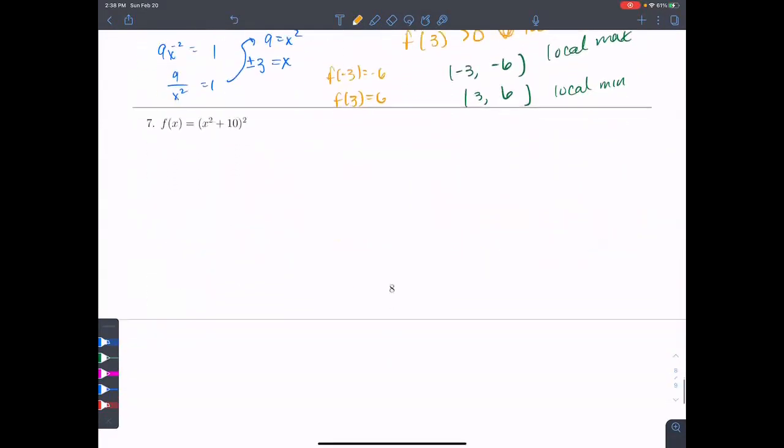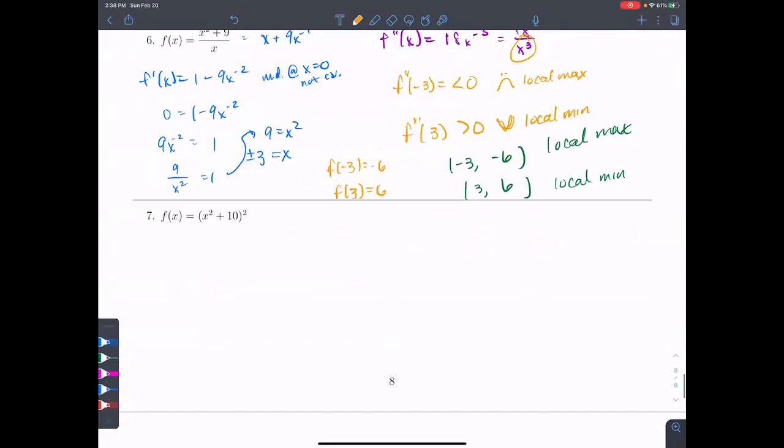All right. Last one. We have number 7. f prime of x: exponent down front, decrease it by 1, times the derivative of what's inside.